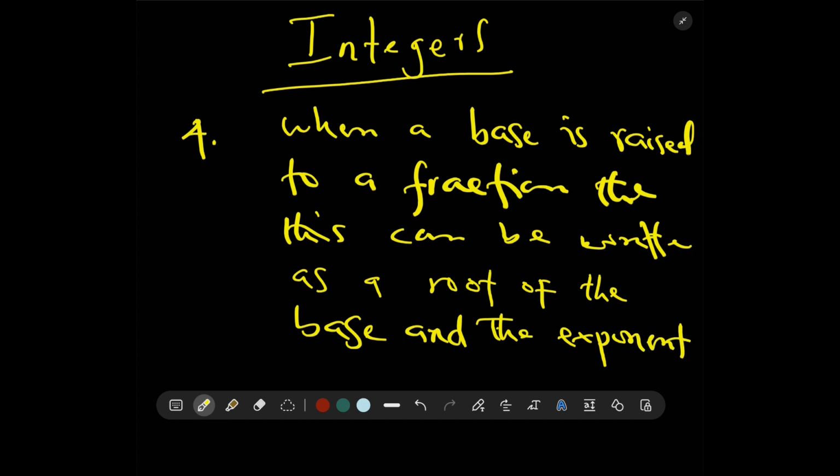Okay, so this one seems a little bit tricky, but it's not. It's very simple, okay? When a base is raised to a fraction, this can be written as a root of the base and the exponent.